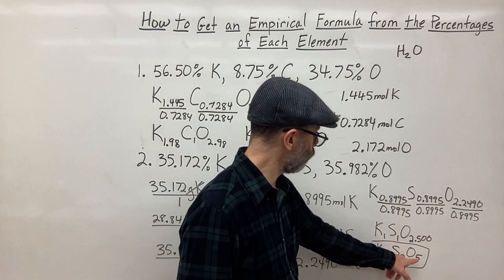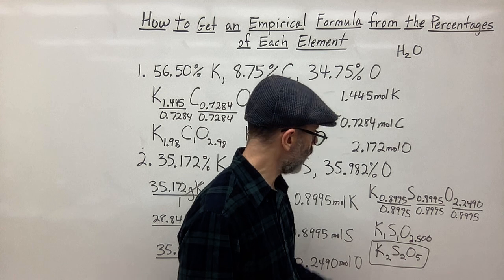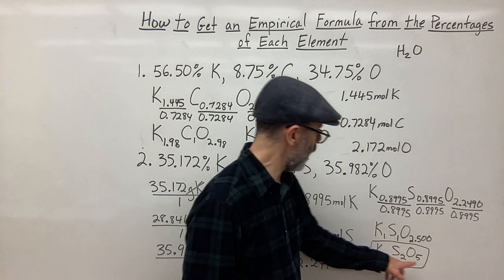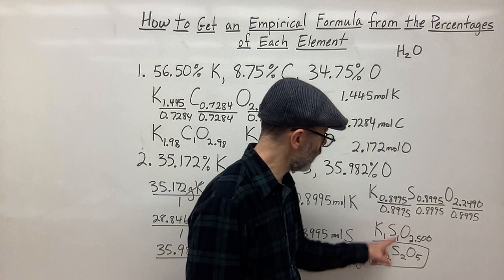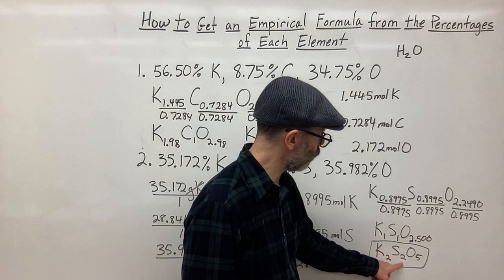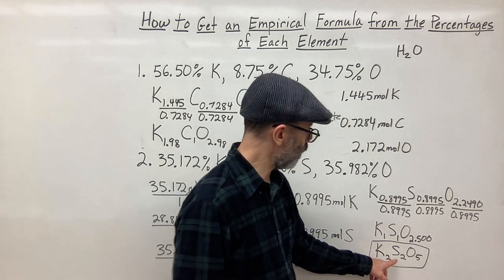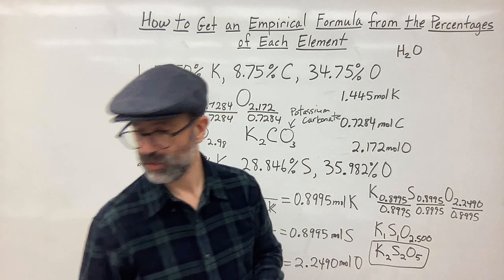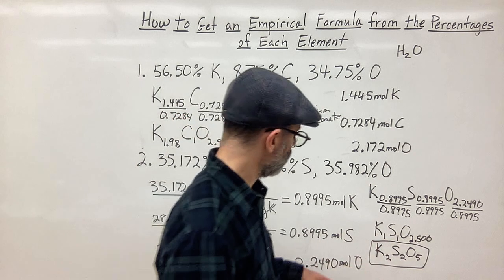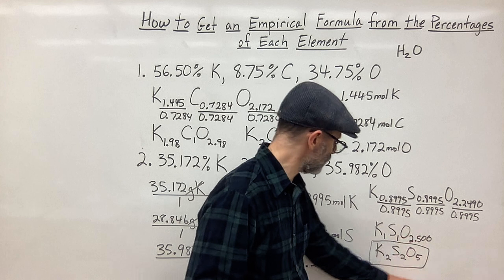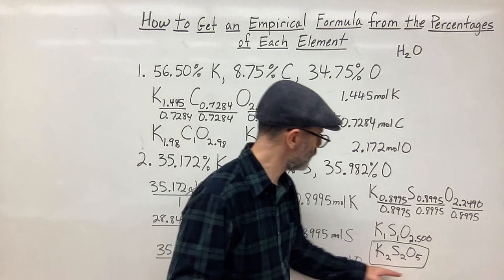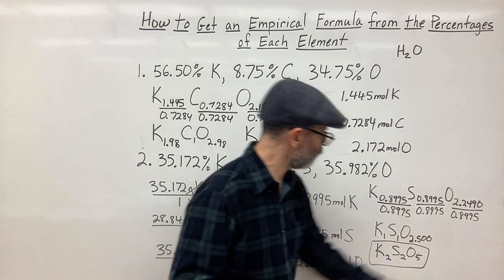If it was SO4, it would be sulfate, but it doesn't match either of those. So in actuality, this ion here is your pyrosulfite, or what's the other name? Metabisulfite. So that would be the name of this substance here. But usually you're not asked to name these things. So that's your empirical formula.